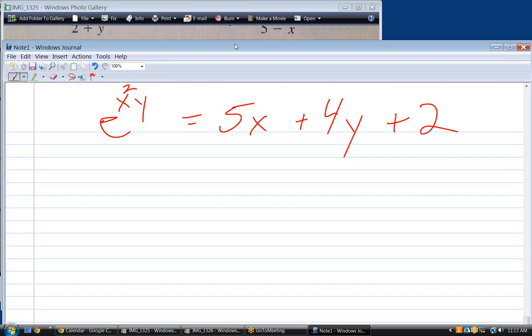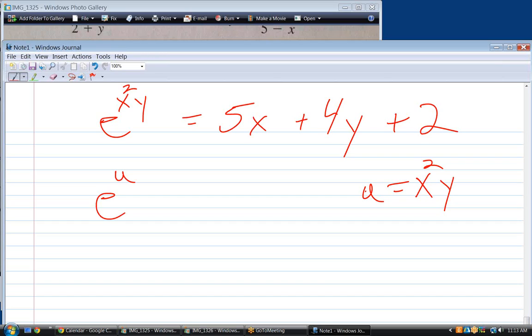If it's ever confusing, then make up a variable and let it equal this funny part here. Okay? Now we would be differentiating e to the u. Well, the derivative of e to anything is e to the u times the derivative of u.